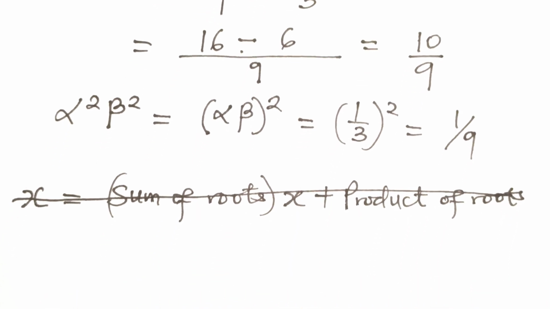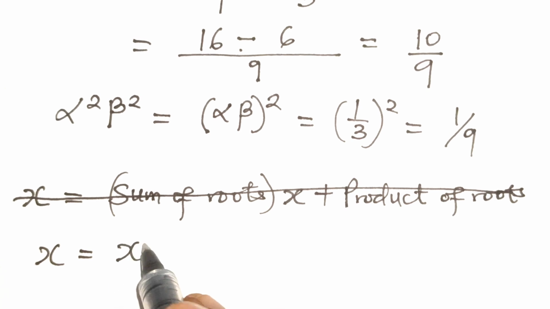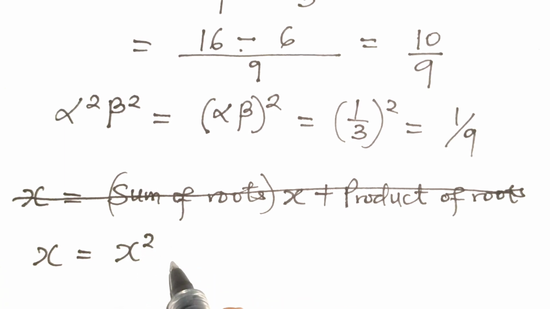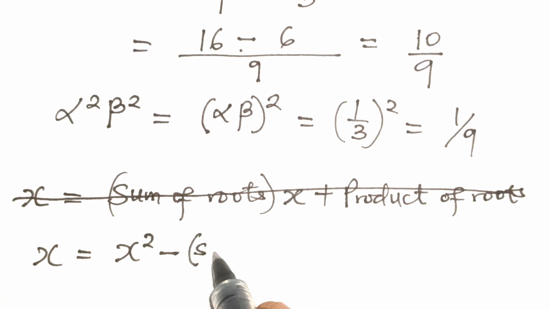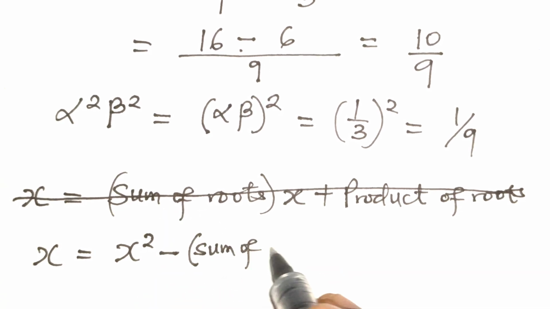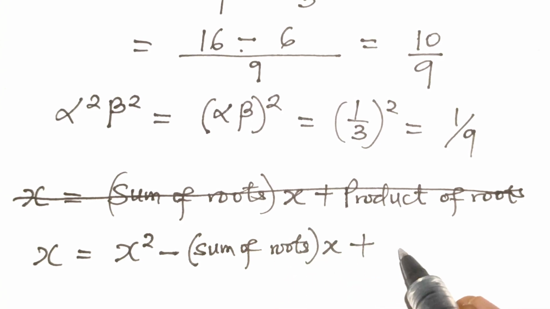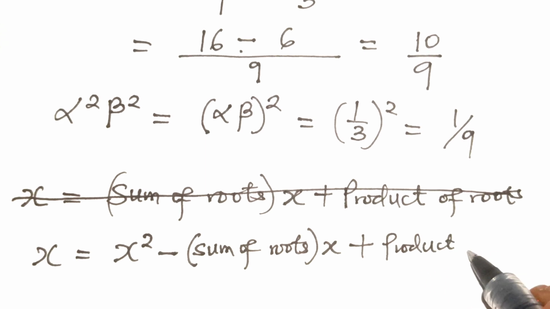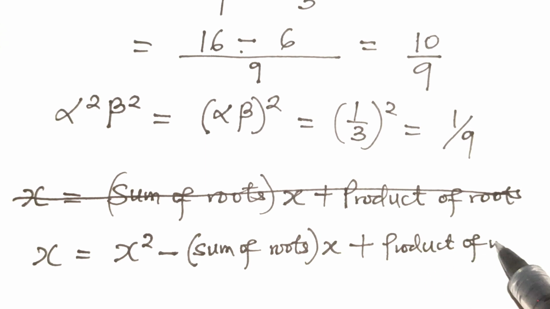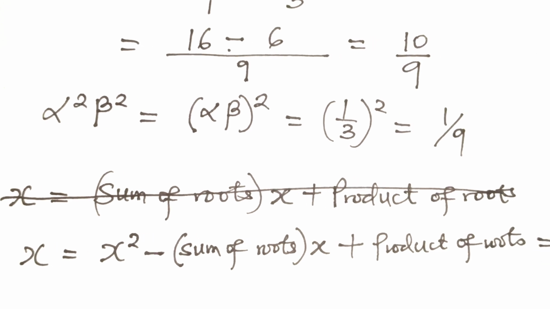I missed the first term, which is x squared. x squared minus sum of roots multiplied by x plus product of roots equal to 0.